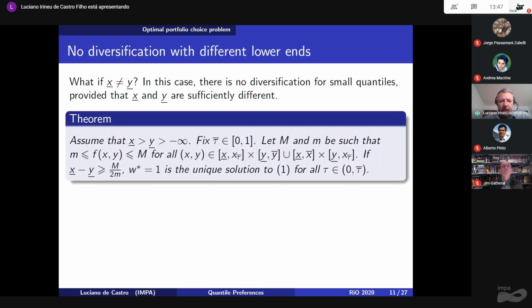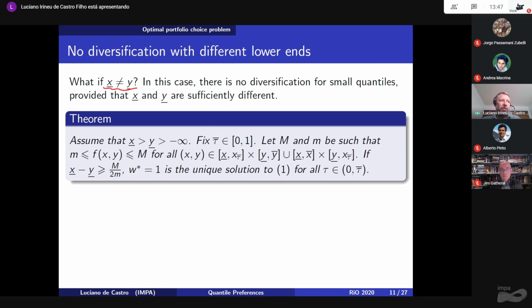There is another thing, and now the case where you don't have the first assumption, where the lower level of the interval is equal. So when it's not equal, what can happen?